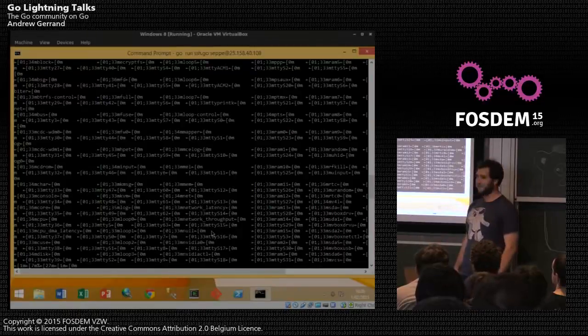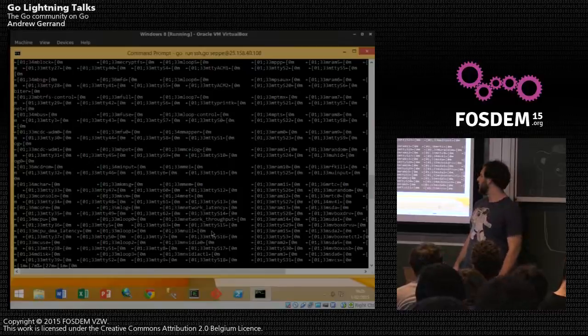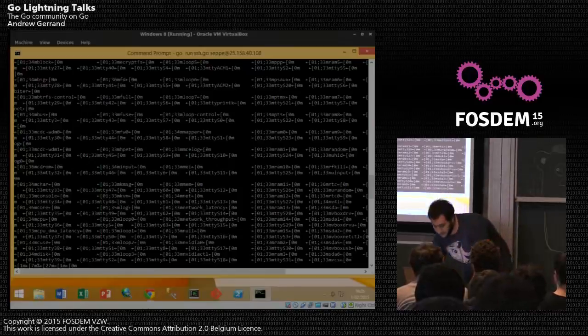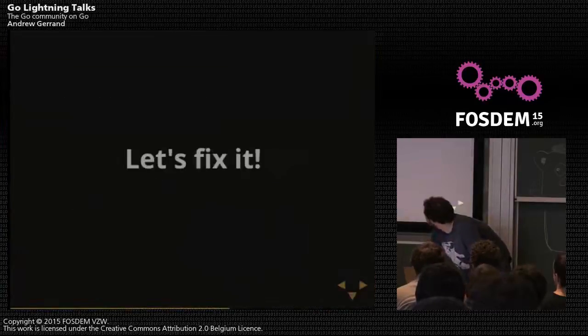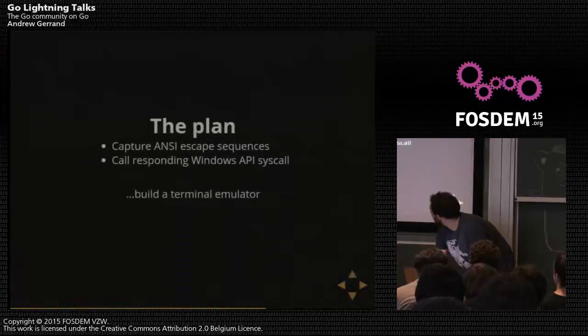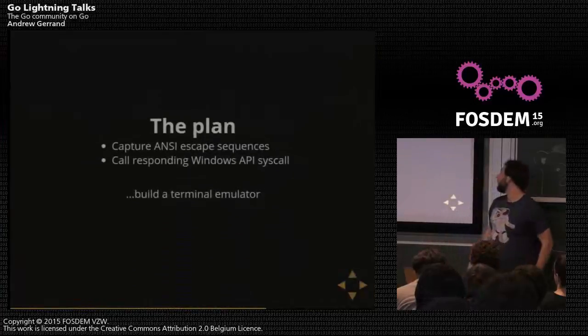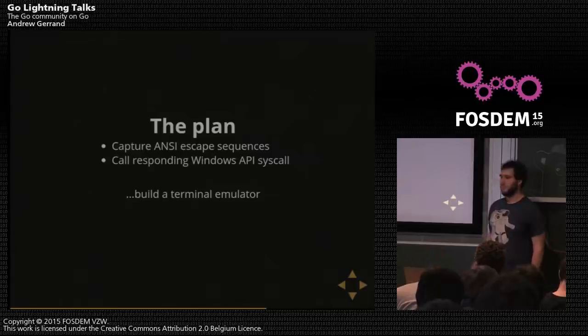Since my goal was to make it run on every platform, I needed to fix this somehow, and in Go, this was actually pretty easy to do. Basically, we have to capture the ANSI escape sequences and call the corresponding Windows API calls so that we can do things with the terminal. So basically build a terminal emulator.